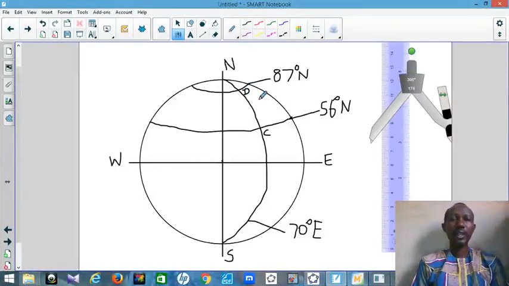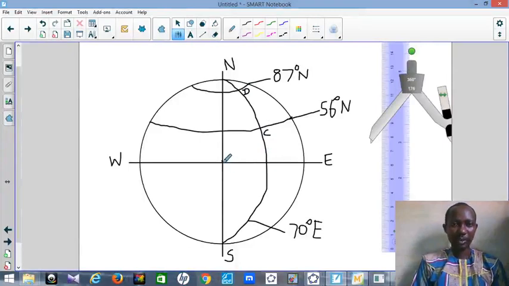Alright, now that we have our 2 points C and D, how do you get this angle? This is the angle you need, the angle between C and D. If you want to label it, remember it came from the center. Now, this is a great circle, so a great circle must come from the center of the circle. So I have my middle line like this. This from zero up is 56 degrees.